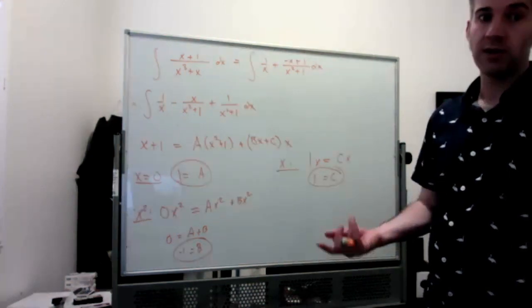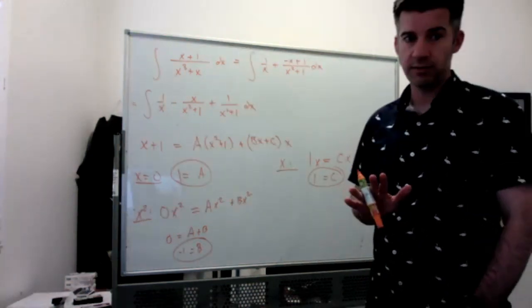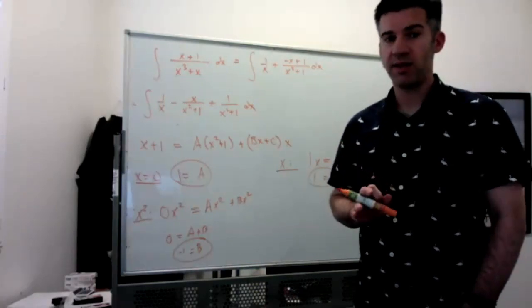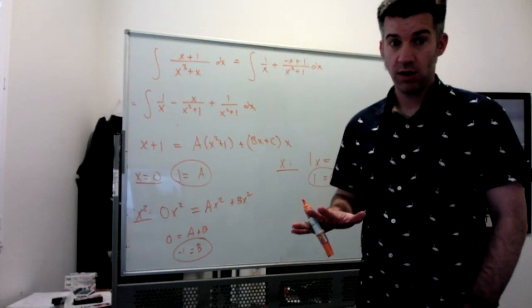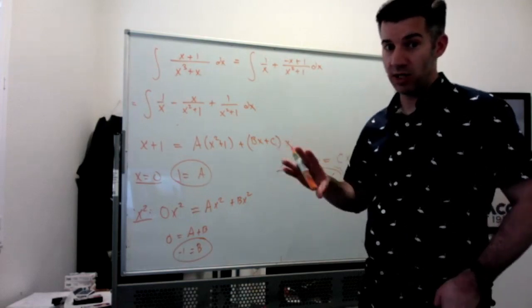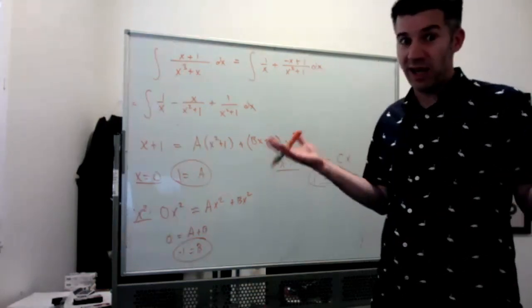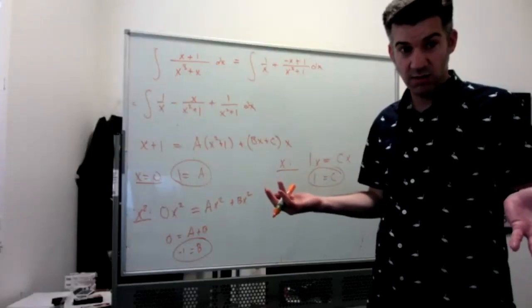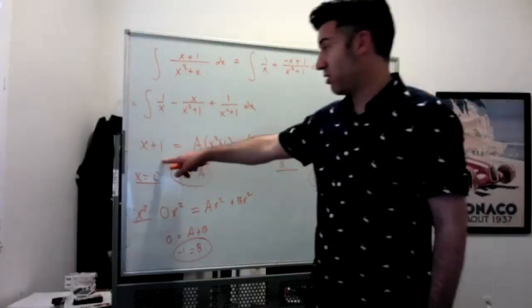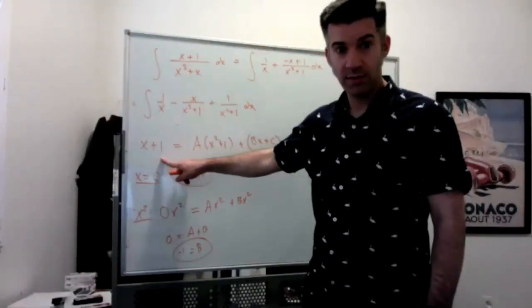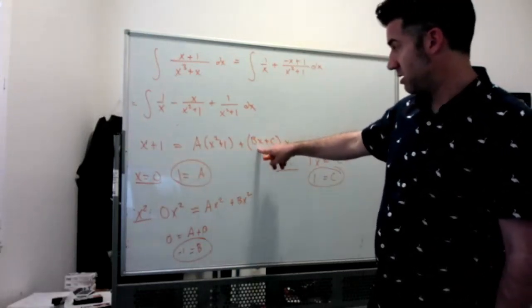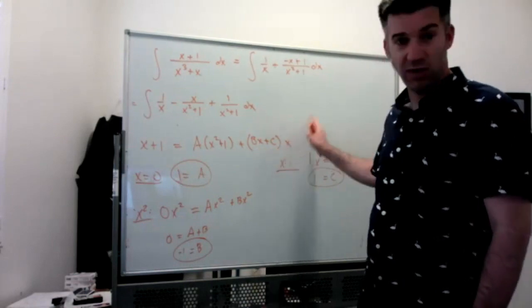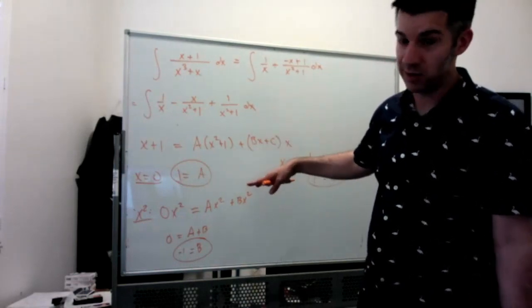Right? But so here's actually the thing. You could do that, but that's actually equivalent to setting x equal to 0. Because if you're setting x equal to 0, you're saying, I'm only going to have the constants left. So if I set x equal to 0 here, I'm just left with 1. And if I set x equal to 0 here, this is a bx squared, this is a cx, both of those go away. They're not constant terms.